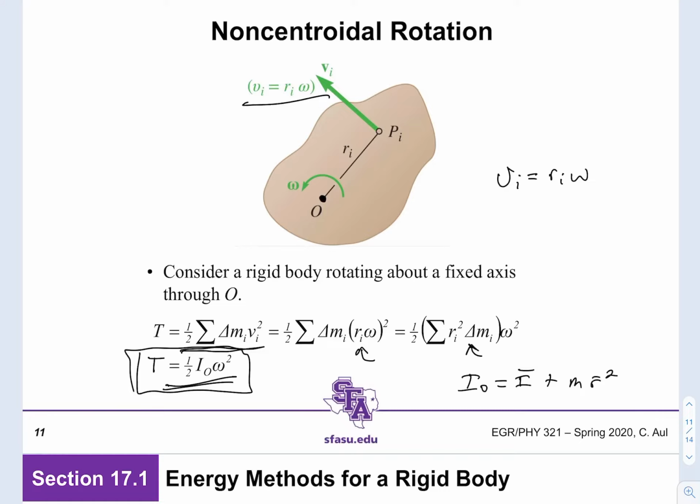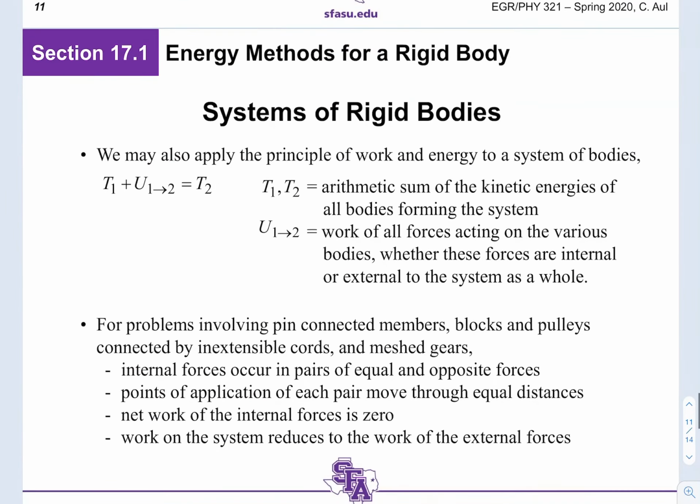Remember we had said that I_O is equal to I bar plus M R bar squared. So if you only have the centroidal mass moment of inertia, you can relate that back to I_O or any position with that mr squared, as long as you know the distance between those two points.